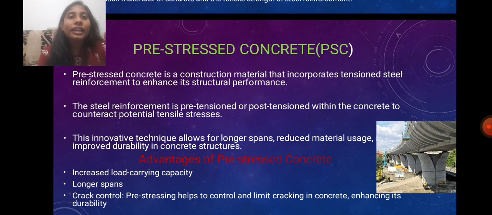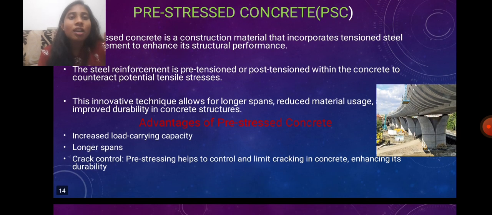This innovative technique allows for long spans, reduced material usage and improved durability of concrete structures. Some advantages of pre-stressed concrete are long span, increased load carrying capacity and crack control.